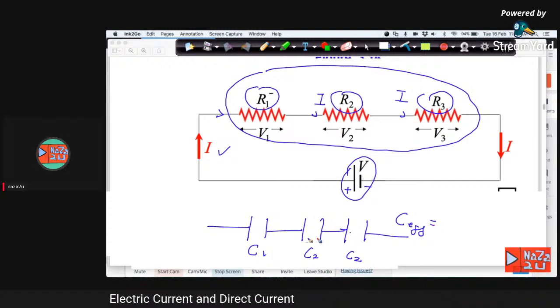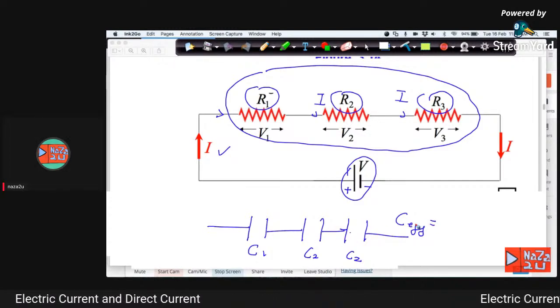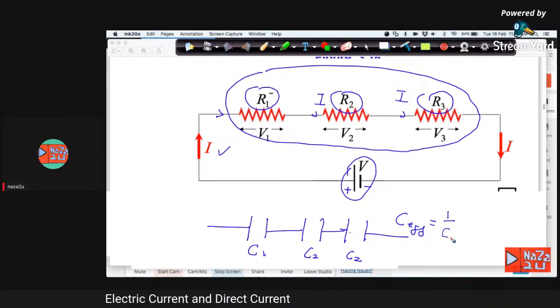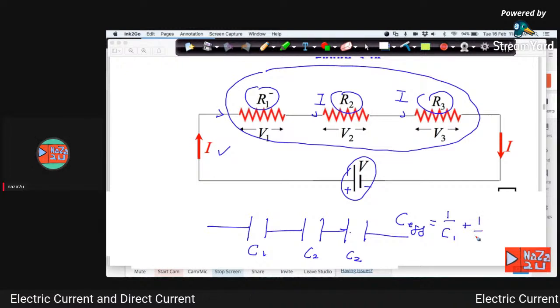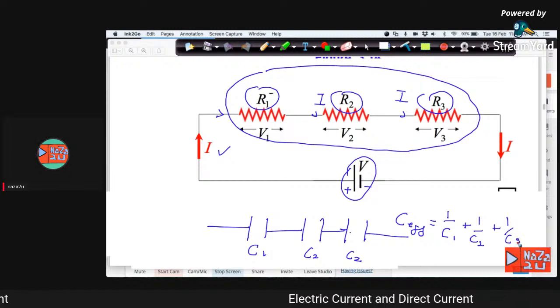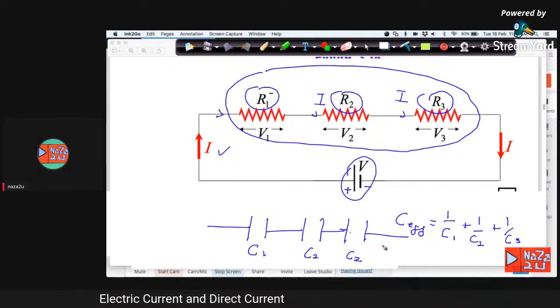So for the capacitor, for the series circuit, the effective capacitance is 1 over C1 plus 1 over C2 plus 1 over C3. Right? This is the effective capacitance of the capacitors.